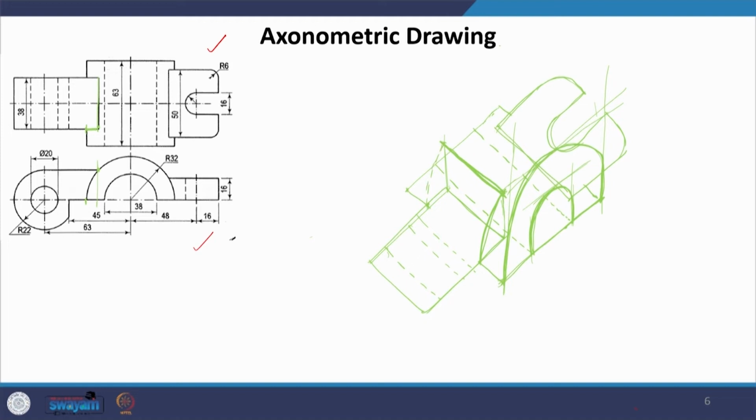We could also draw the same curve at the back. And there will be a dotted one inside. So, this is what we got here.